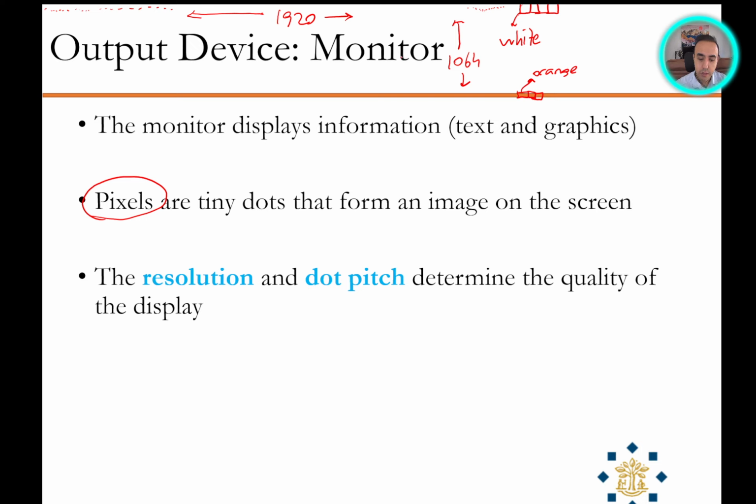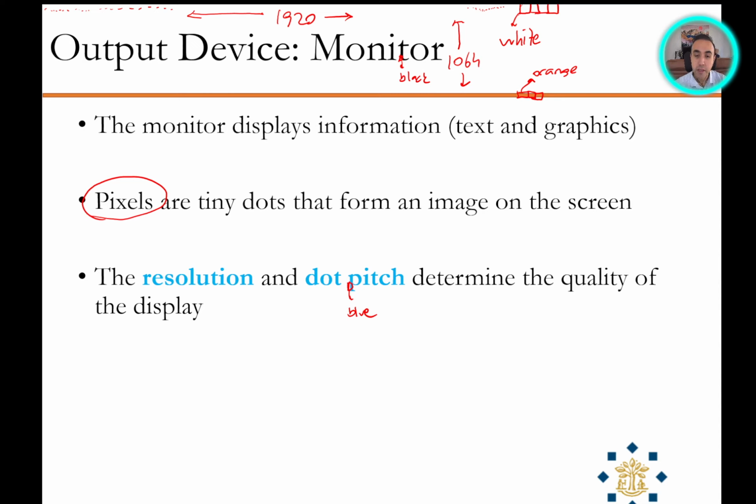And these ones store black. And for instance, this one stores blue. So every little dot on your screen has some value or some color. So that's how you see something on your monitor.